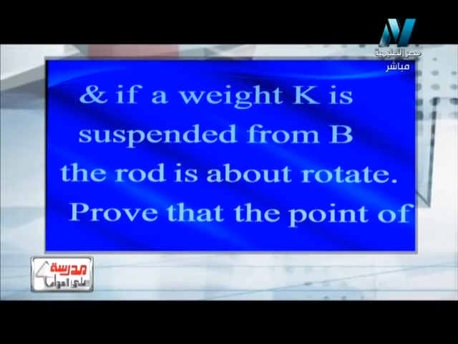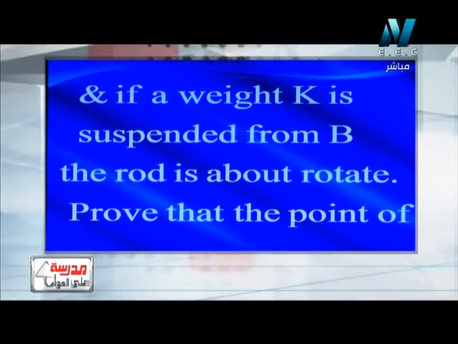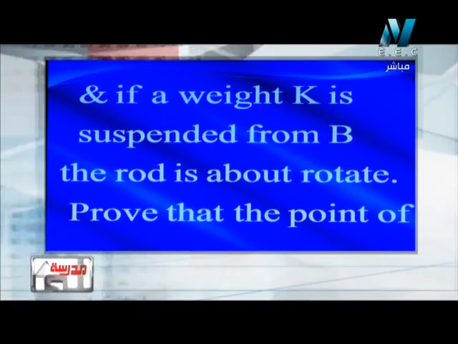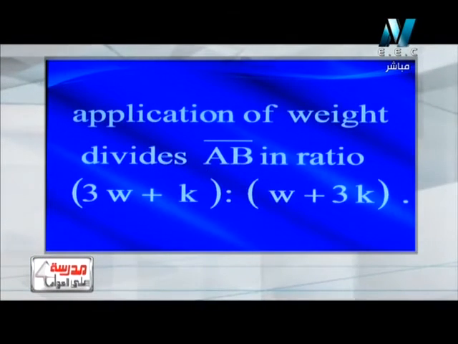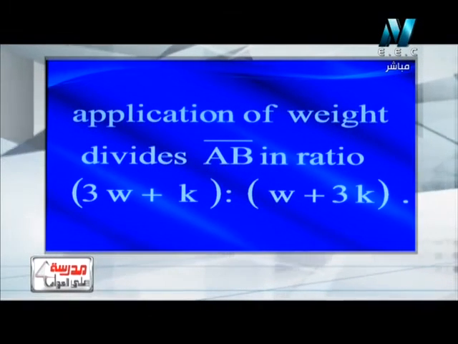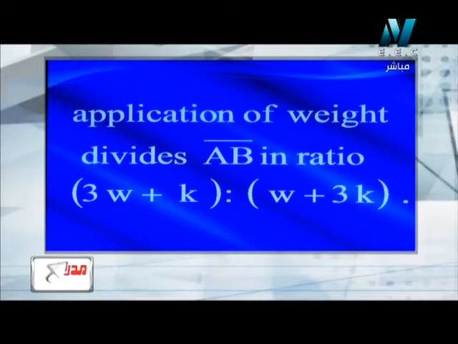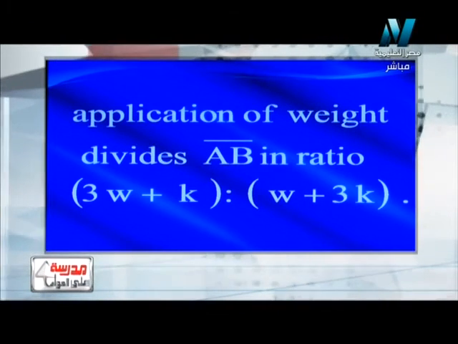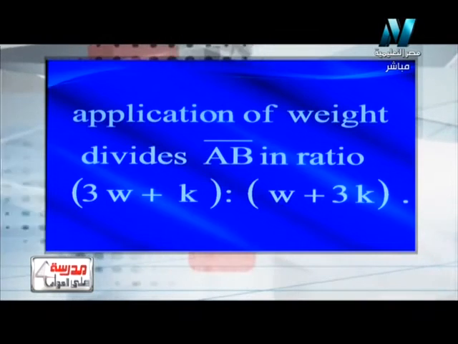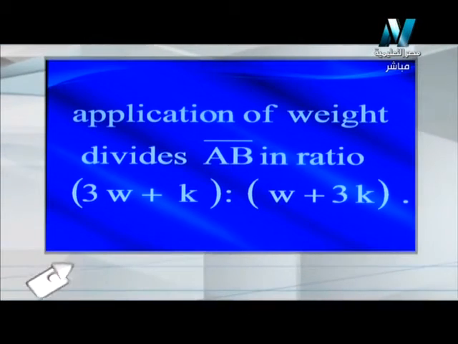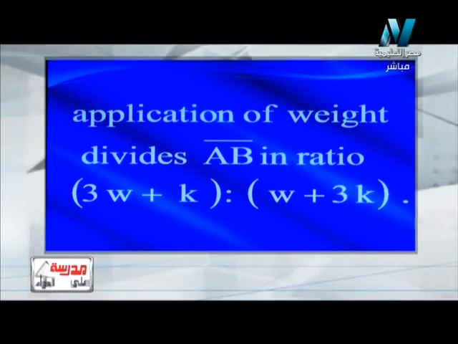And if a weight K is suspended from B, the rod is about to rotate. So prove that the point of application of weight divides line segment AB in ratio 3W plus K to W plus 3K. Of course it's not hard, a very easy problem.